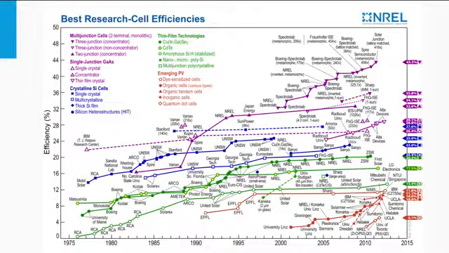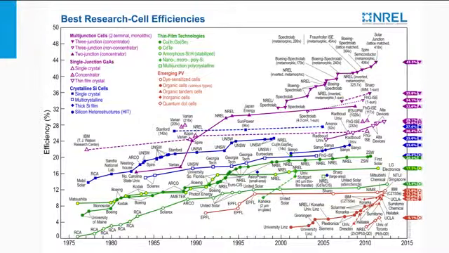The blue lines and dots represent crystalline silicon technology based on monocrystalline and multicrystalline silicon. The record efficiency ranges from 20 up to 25% under standard 1-sun illumination conditions, and 27% can be achieved under 92 suns illumination.